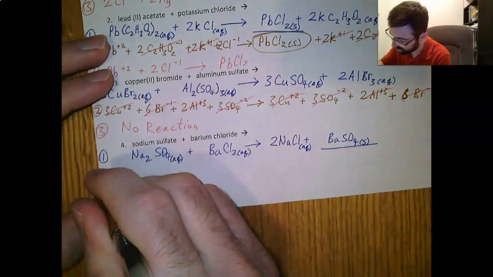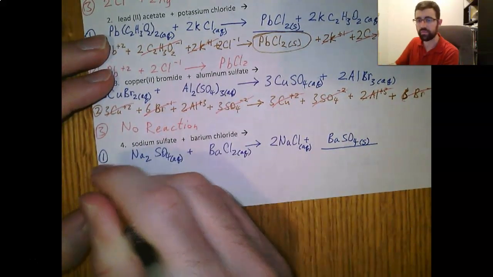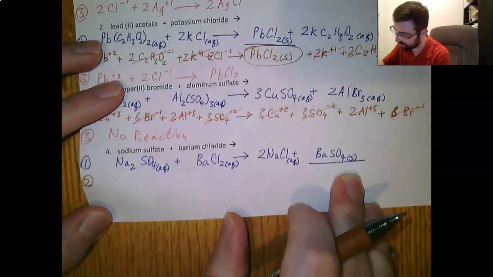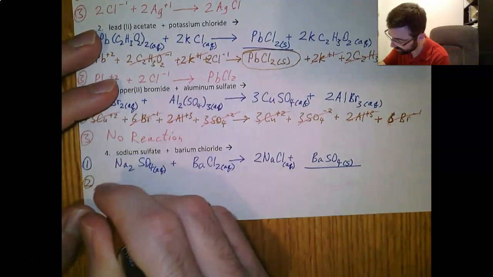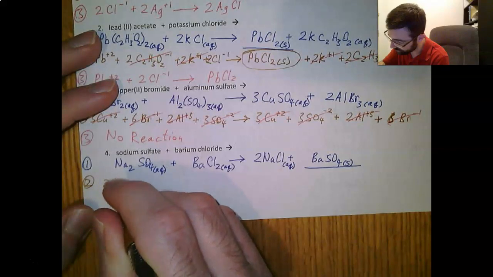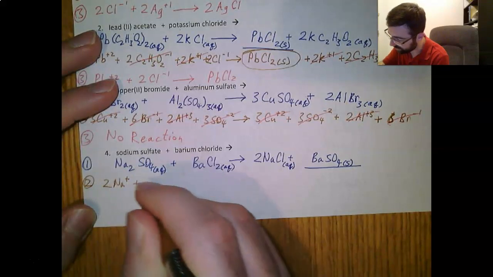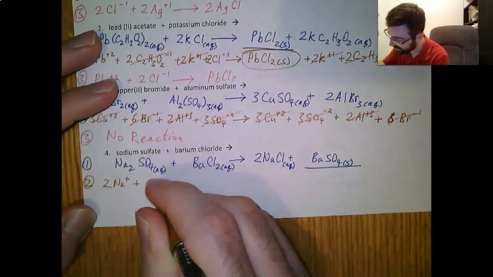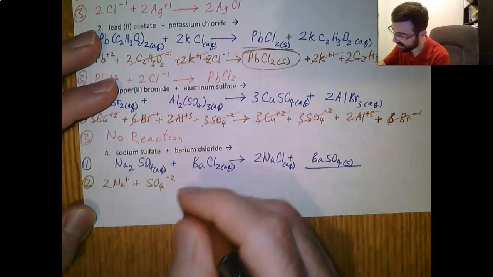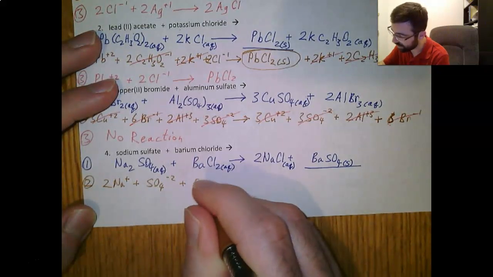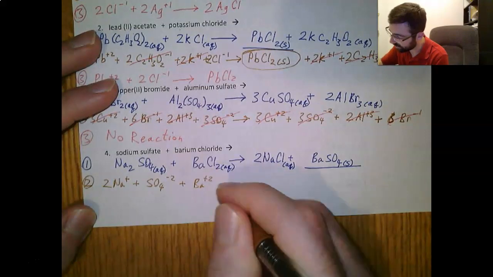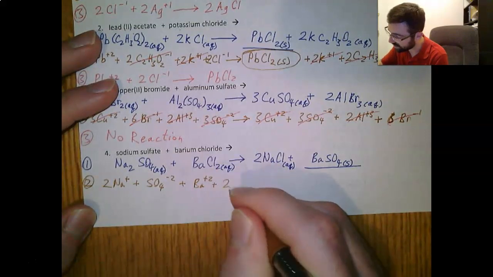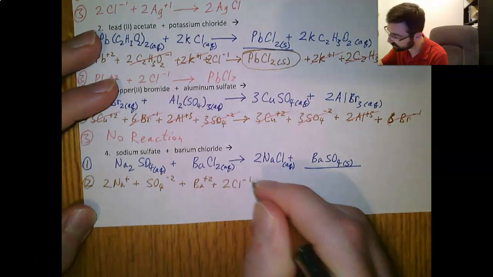Number 2, we're going to break up everything that's not solid. So we have 2 Na+. We have a sulfate, negative 2 charge. We have a barium with positive 2. We have 2 chlorides, negative 1.